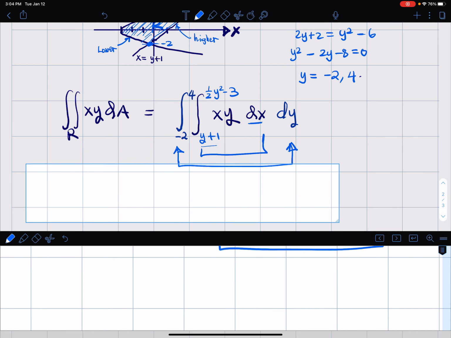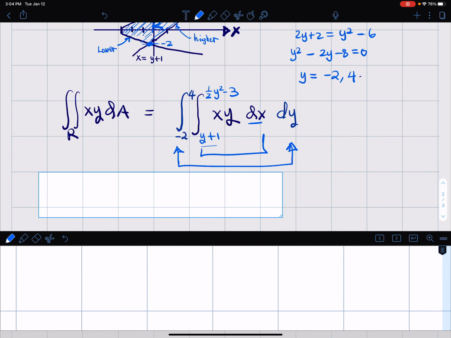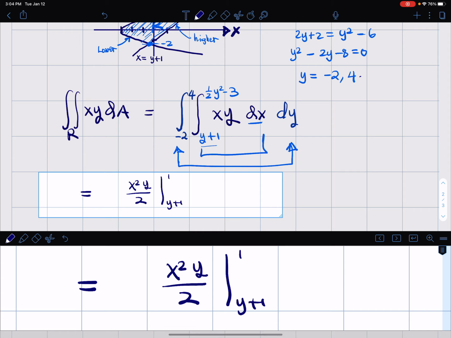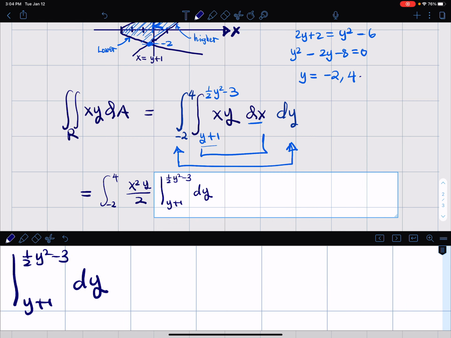I would actually want you to try it. If you do the x first, you have x squared y over 2, and then you're plugging in y plus 1 and 1/2 y squared minus 3, and you're still remembering negative 42 dy, from negative 2 to 4.